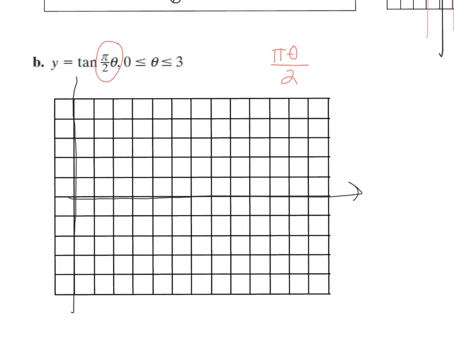So I'm going to do the same thing. So I set this equal to negative pi over 2, and then I'm going to set the same expression equal to positive pi over 2, and solve for theta.